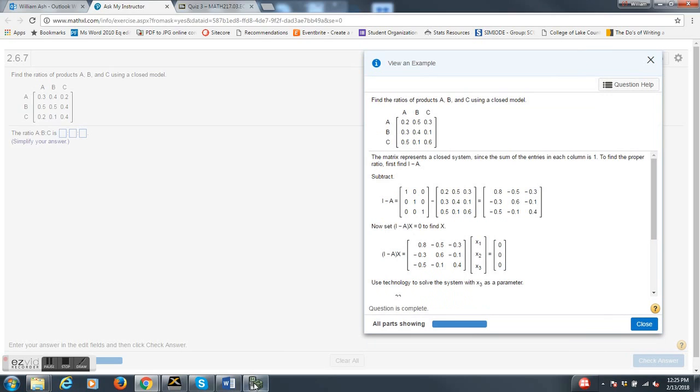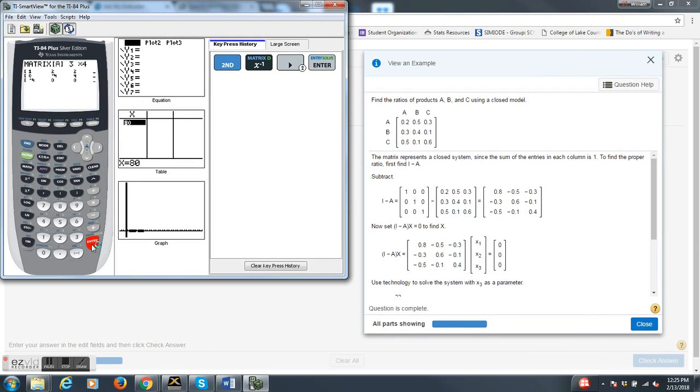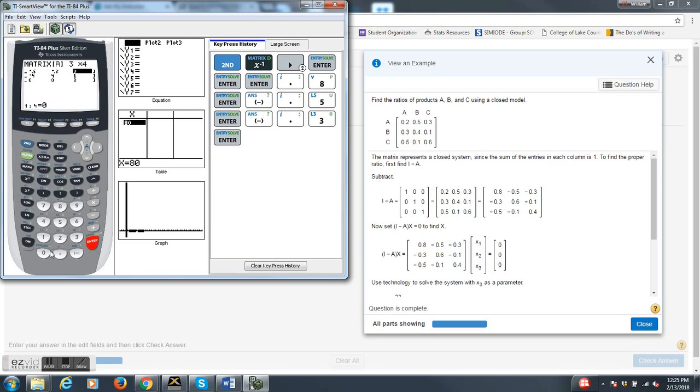All right, let's say it's a 3 by 4. So I'm going to put 0.8, negative 0.5, negative 0.3, 0. Negative 0.3, 0.6, negative 0.1, 0.